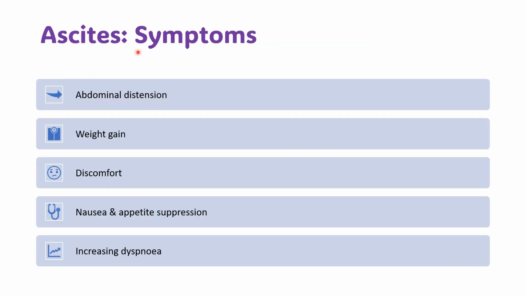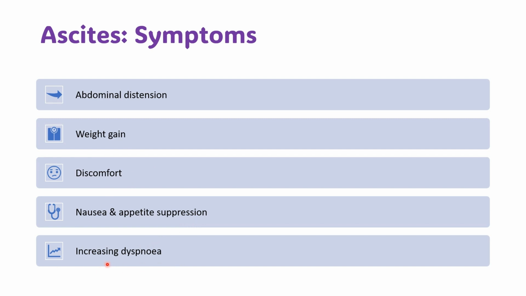Symptoms of ascites. So we have abdominal distension, weight gain because of that retained fluid, general discomfort, nausea and appetite suppression, typically because of the abdominal distension.